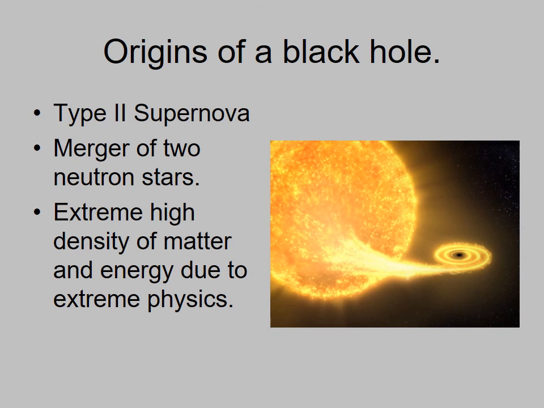So a type 2 supernova, the merger of two neutron stars, any of these things that puts enough mass together that it collapses beyond that point of 3 solar mass neutron star, that would give you a black hole.